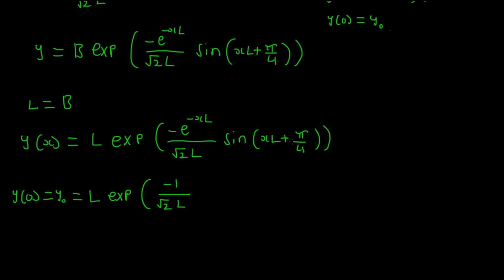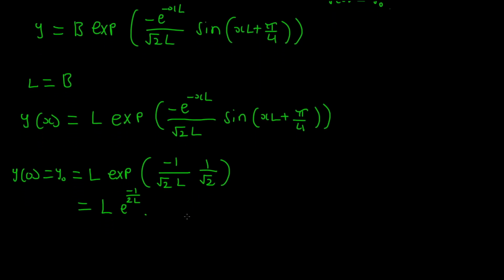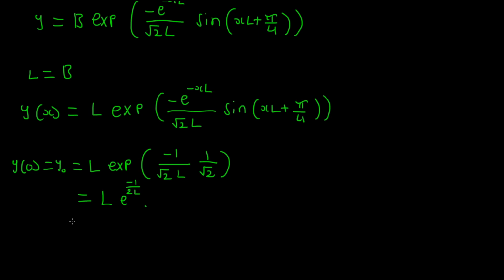So the sine of pi over 4 is 1 over root 2. So if we have 1 over root 2 here, we can combine these two to just get a normal 2. So y naught equals L times e to the negative 1 over 2L. Now this equality only really holds when y naught is large enough, but that doesn't matter too much right now.